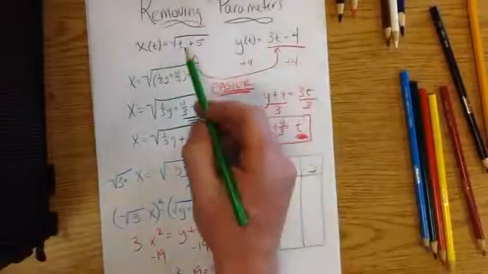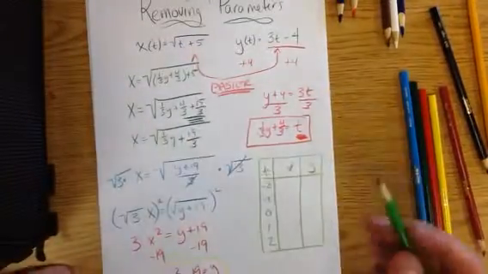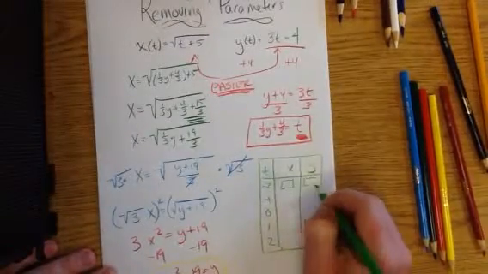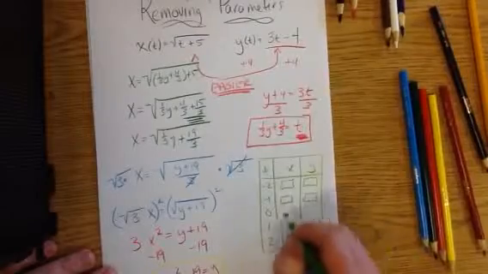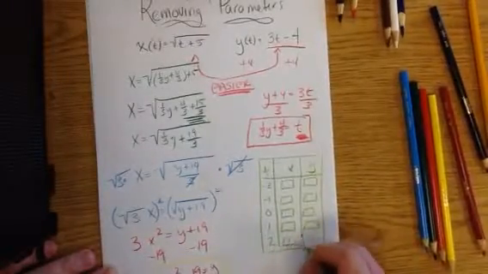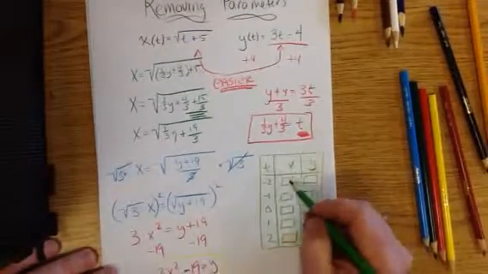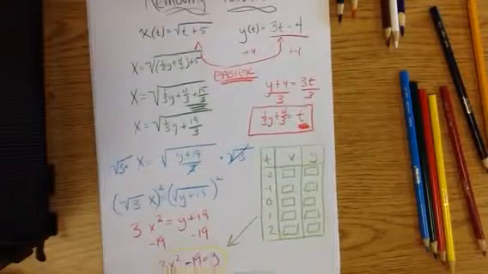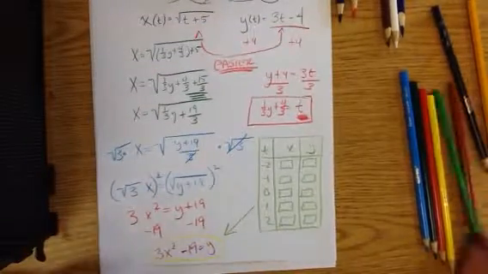Probably shouldn't use anything less than -5 because that just simply won't work. Then you're going to get values here. Once you've done this correctly, you will notice that these are the ordered pairs for this equation. That's the way it should work and should work every time.